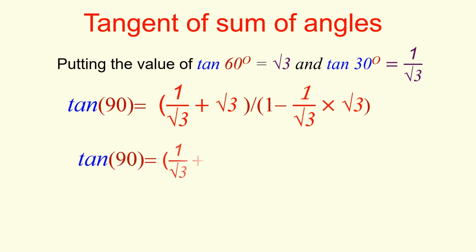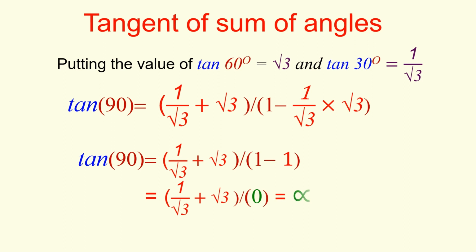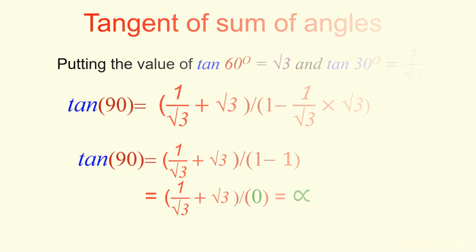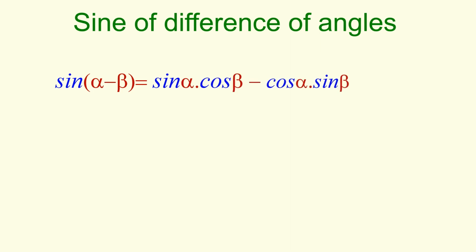Putting the value of tan of 60 degrees and that of 30 degrees, we get tan 90 equals infinity, hence verify the formula. We suggest you verify yourself the difference of angles formula and follow the steps.